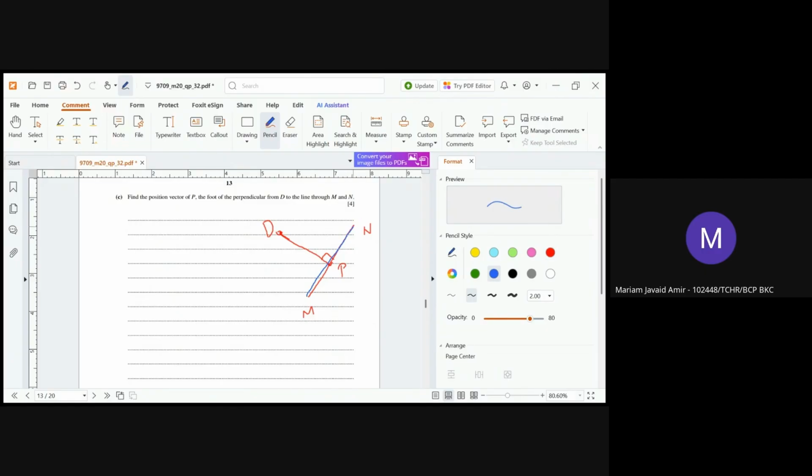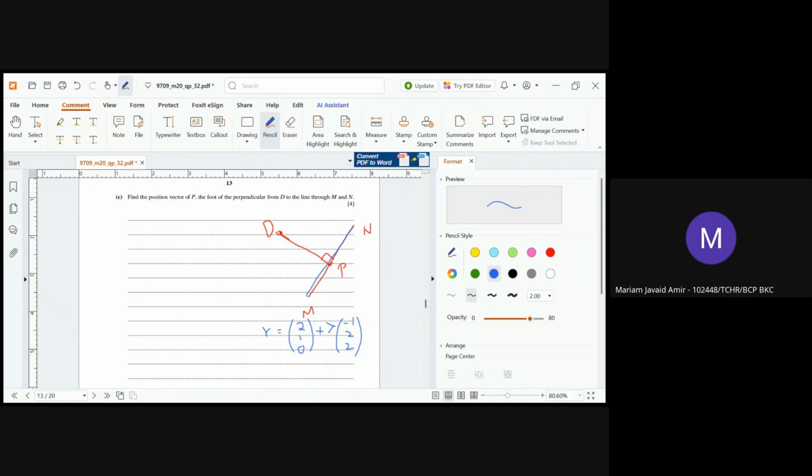What is that? R equals, let me write it as a column vector this time. I, j, k, so 2I plus j, which is 2, 1, and k is 0, plus lambda, and we had minus I plus 2j plus 2k, so I'm writing it like this: minus 1, 2, and 2. This is the vector equation of MN.